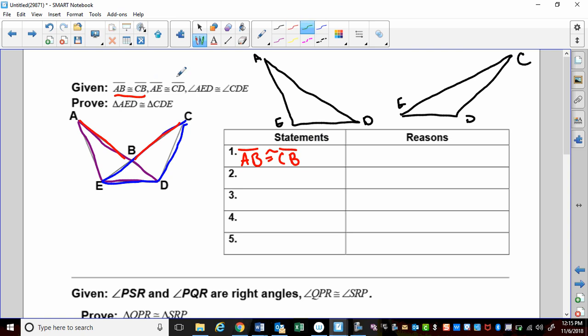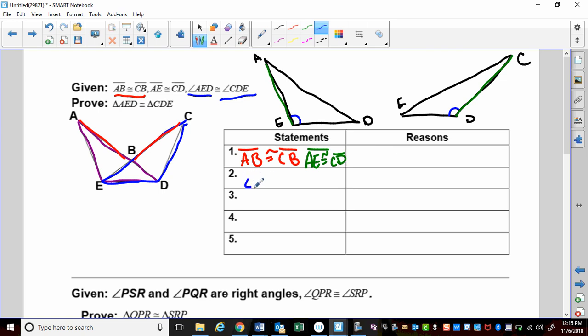And they give us AE, which is this side, is congruent to CD, which is this side. And they give us that angle AED, which is this angle, is congruent to angle CDE. Okay. This is all given.